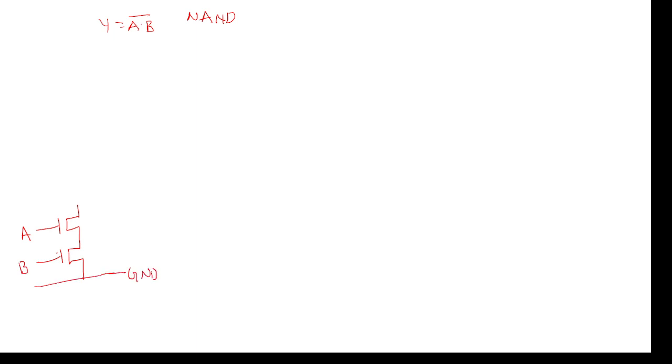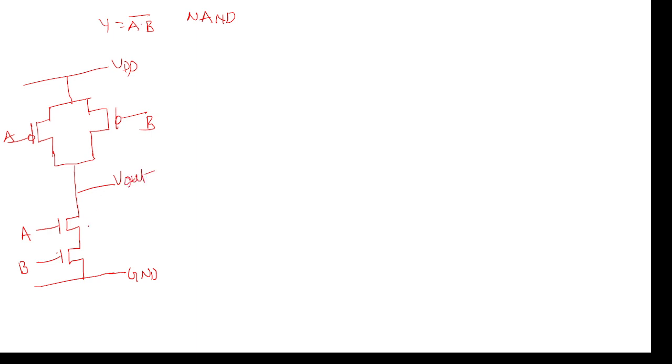The pull-up network should be parallel, completely opposite, and the two are PMOS. I'm assuming this is A and this is B. Supply VDD is required for every circuit, and between the pull-up and pull-down networks we should take the output, then only we can get the output easily.